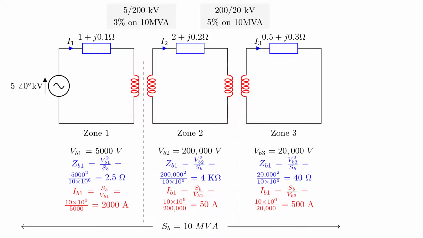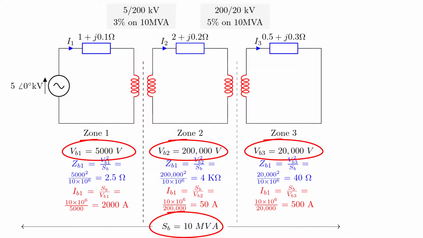The transformer on the right-hand side has a voltage rating of 200 kV to 20 kV and has an impedance of 5%, also on a base of 10 MVA. And the first thing you should take notice of here is that our transformer nameplate information matches our system bases being used for per unit analysis.